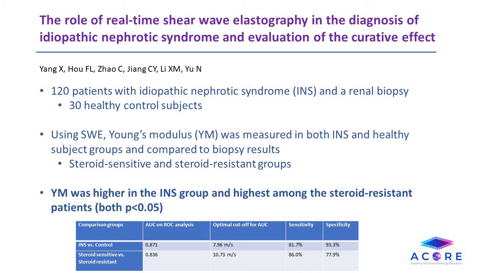For the results, they found that the Young's modulus was higher in the idiopathic nephrotic syndrome group and highest among the steroid resistant patients, both of which were significant.